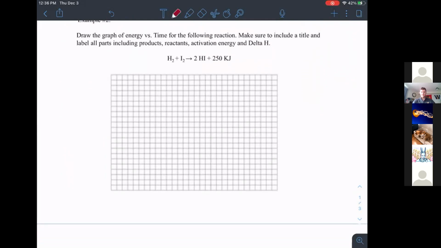What do we think? Anybody have a guess? Endo. All right, you said endothermic reaction.